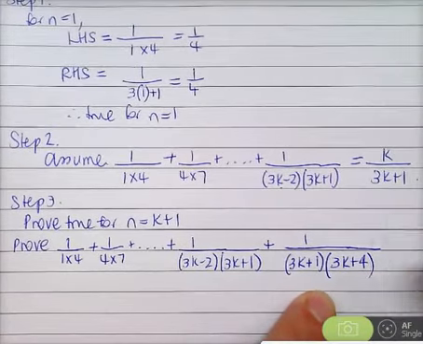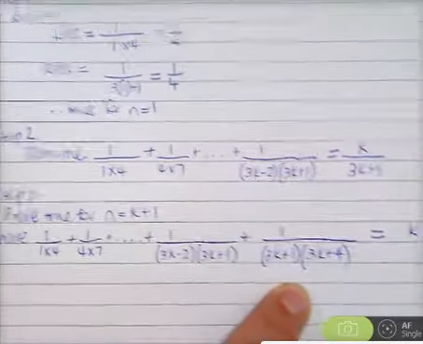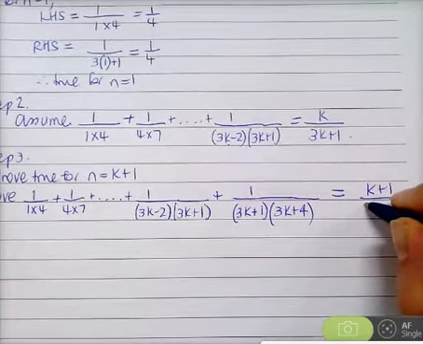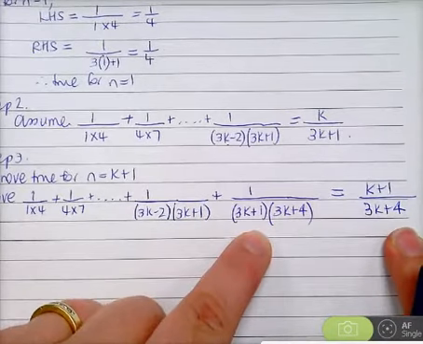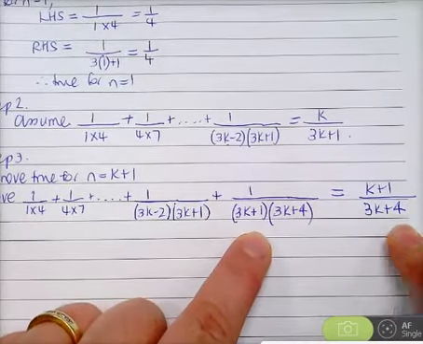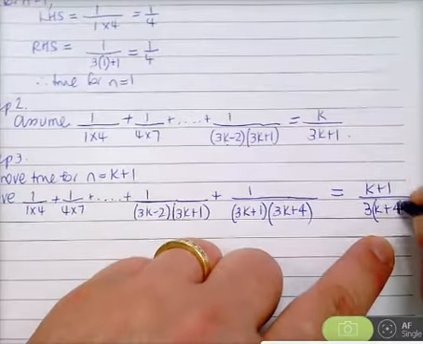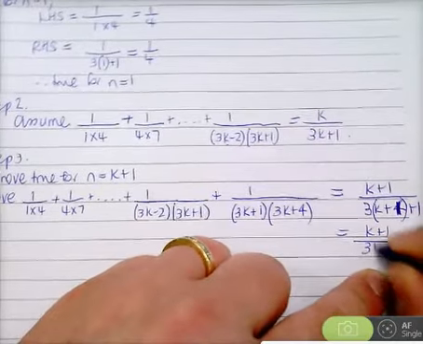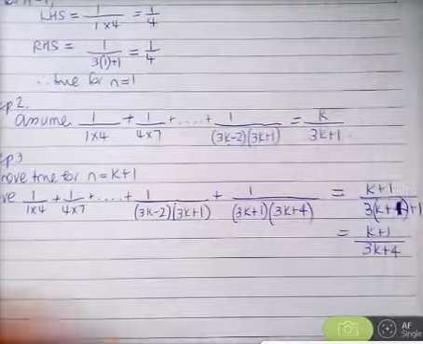Don't make a mistake. Equals k plus 1 over. So I've simplified, all right? I might just go 3 times k plus 1 plus 1, which is k plus 1 over 3k plus 4. So that's what we're trying to prove.